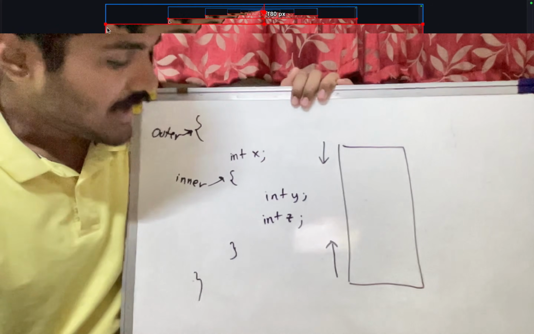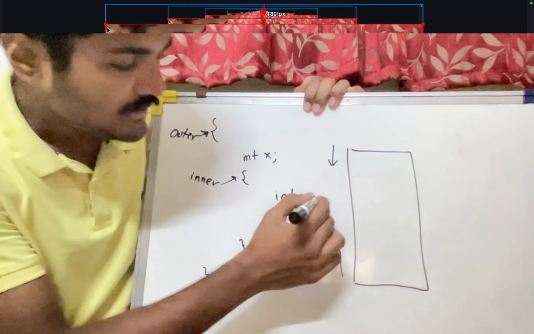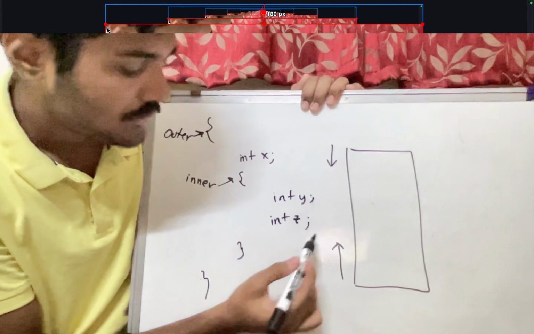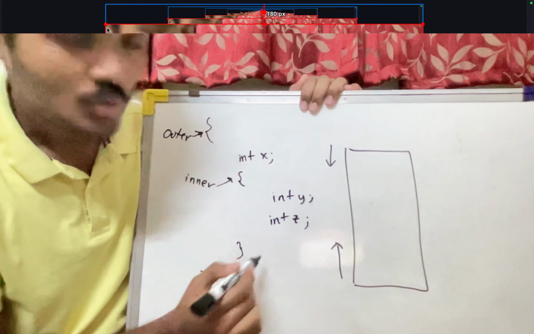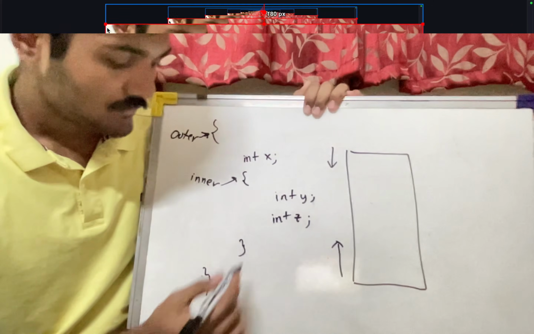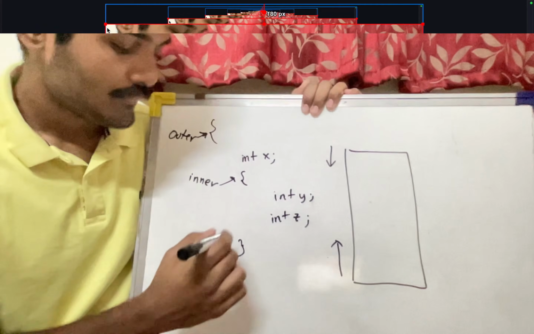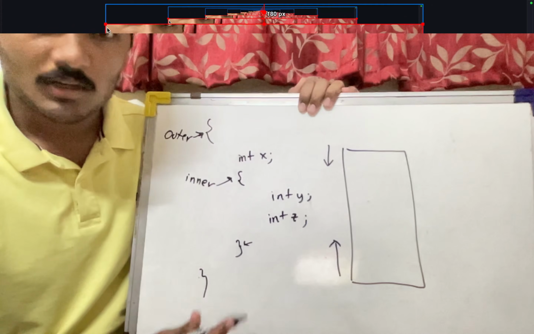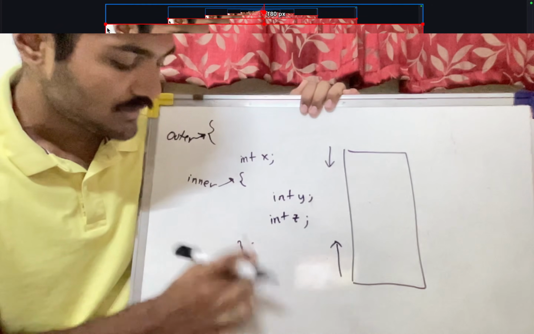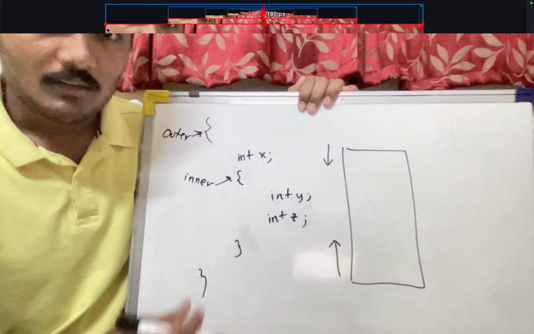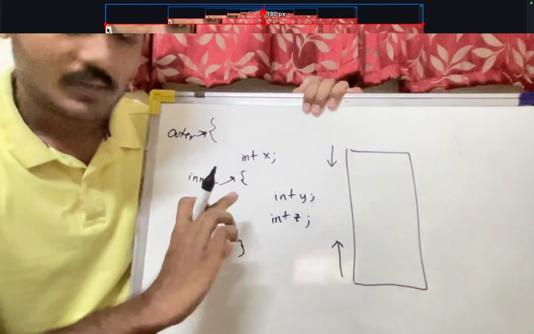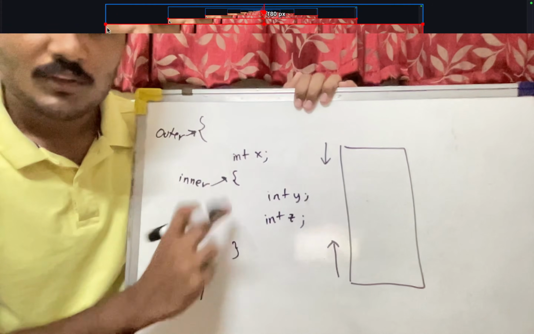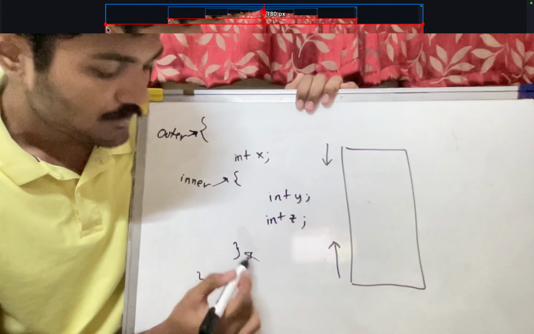Let's say the integer y and integer z that we have declared over here need to be destroyed when we reach this point inside the code. Why is that? Because it's inside an inner block, it is present only for this block, so it needs to be destroyed at this point.